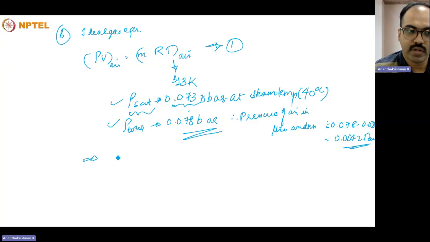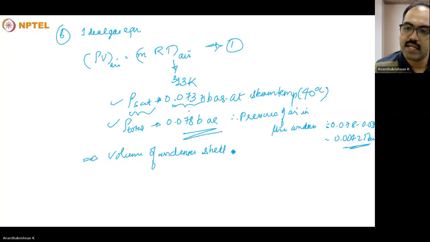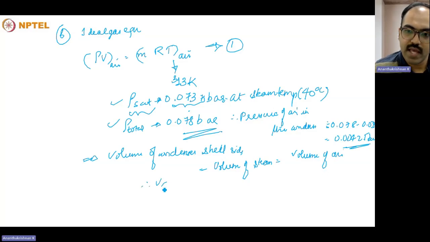Then basically what we have to determine is the mass flow rate of the air. Then we have to determine the volume flow rate of the air. The volume of the condenser shell side will be same as that of the volume of the steam, and same as that of the volume of air. Therefore, V air will be same as that of V steam.